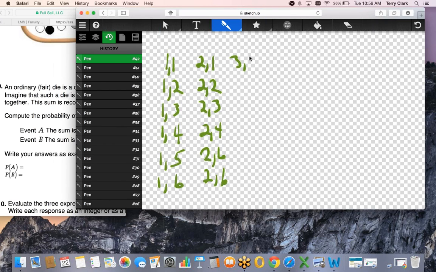The first one can occur 3. The first one could be a 3, we could roll a 3. Then the next one could be 1, 2, 3, 4, 5, 6 for that one as well.